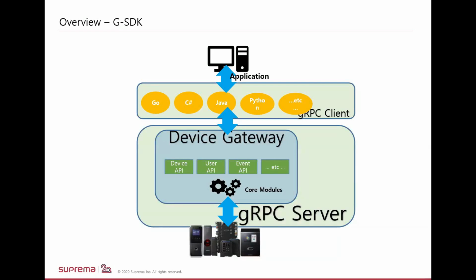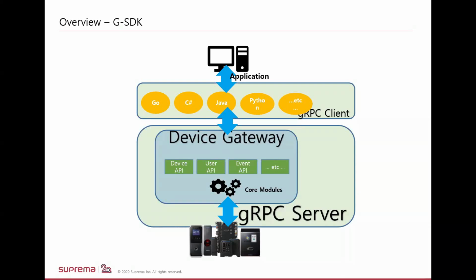To help understanding the GSDK structure, here it is again with a different picture. Basically, the device gateway is the one that communicates with the BioStar 2 device directly. Your client applications can connect to it using gRPC's client library.